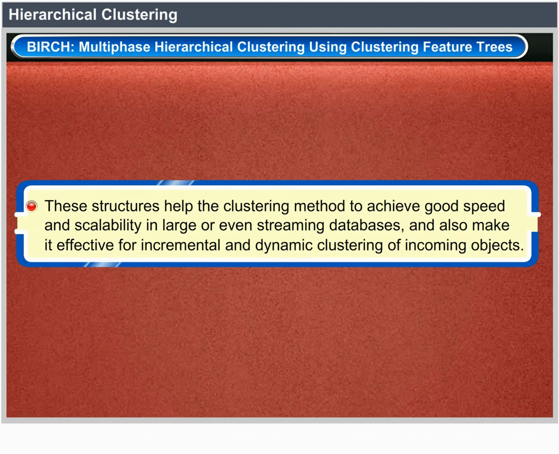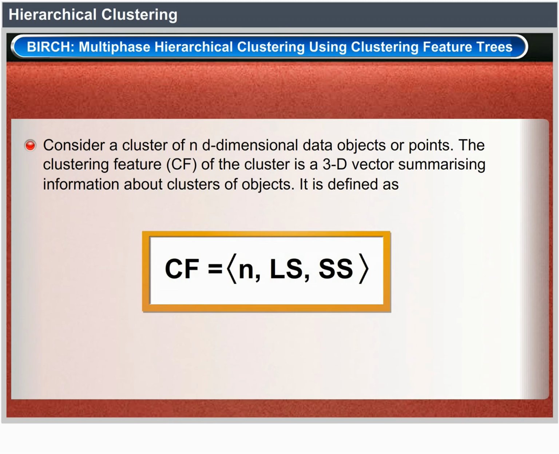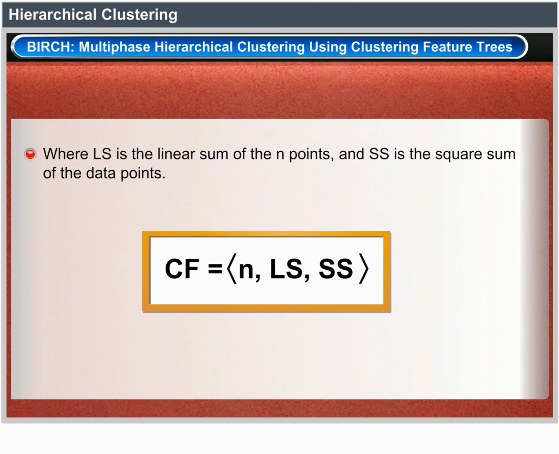Consider a cluster of n d-dimensional data objects or points. The clustering feature CF of the cluster is a 3D vector summarizing information about clusters of objects. It is defined as CF = <n, LS, SS>, where LS is the linear sum of the n points and SS is the square sum of the data points.